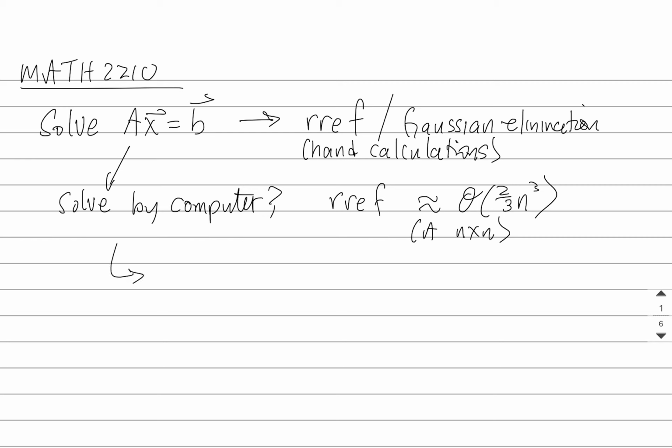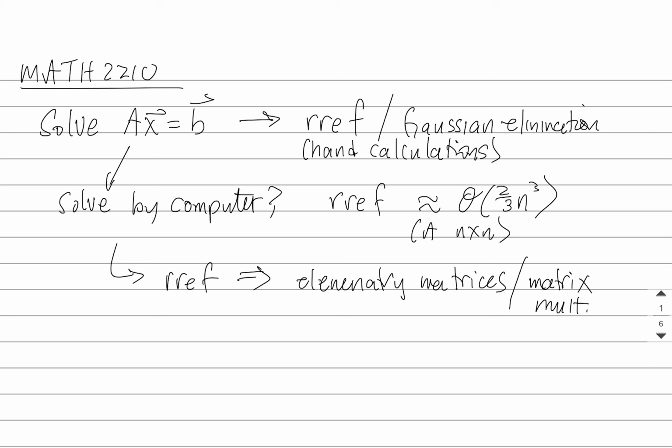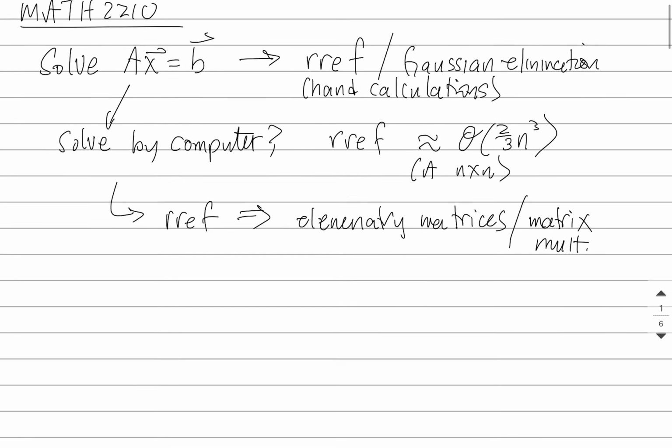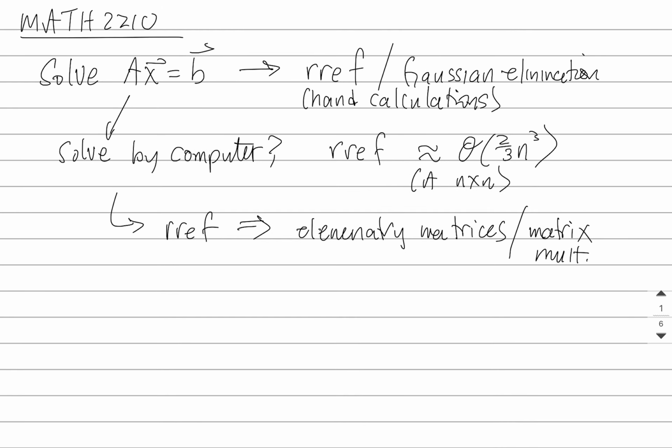Now, we've already discussed that row reduction can be implemented by elementary matrices, and that means it's basically a matrix multiplication problem. So what we're going to do here is delve a little bit more deeply into this idea and come up with a more efficient way of solving not just one linear system, Ax = b, but lots of linear systems.